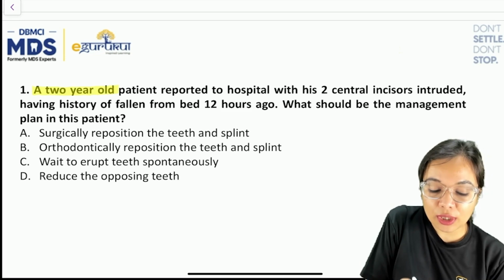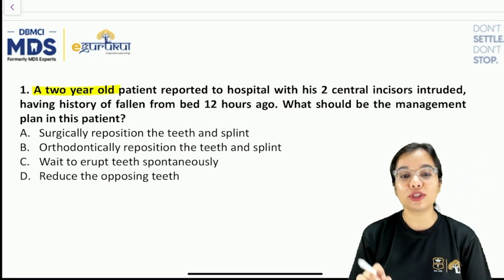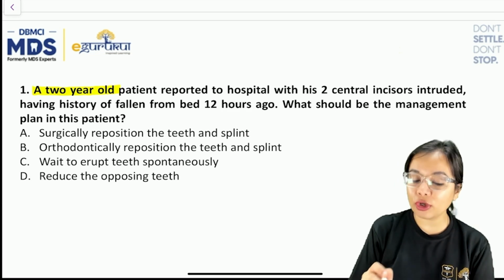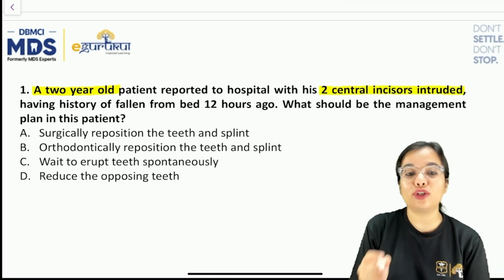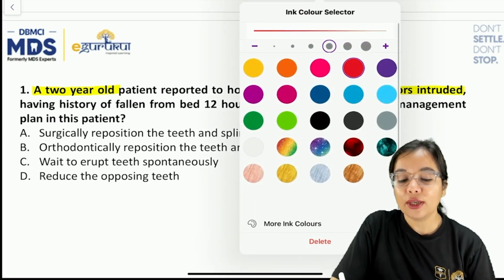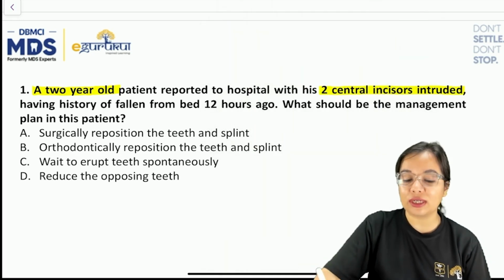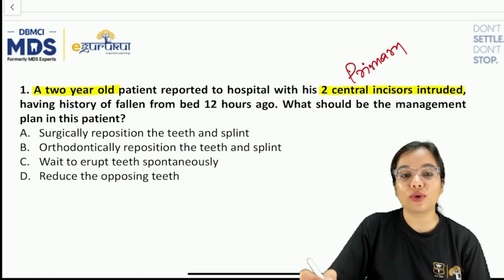They have asked about a 2-year-old patient. So the first thing you need to be careful about is the age of the patient. Then he reported to the hospital with two central incisors intruded. As soon as you read the age of the child, you are sure that these central incisors are primary incisors, of course, in a 2-year-old child.